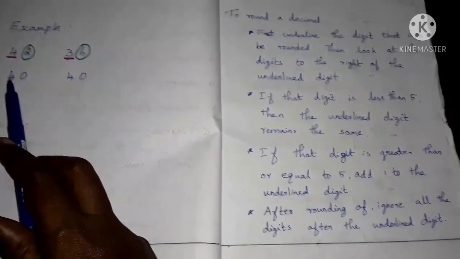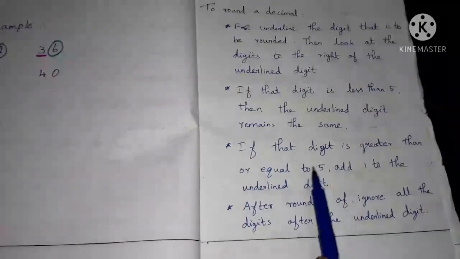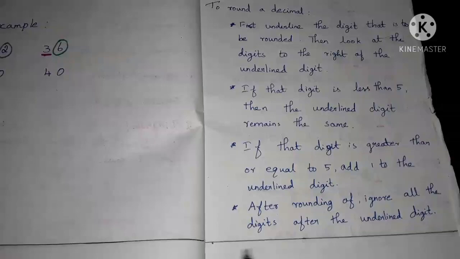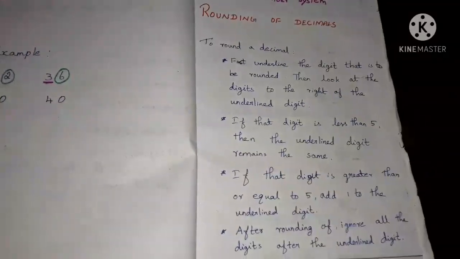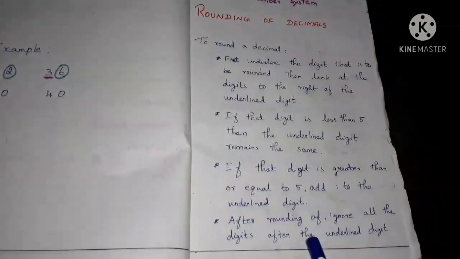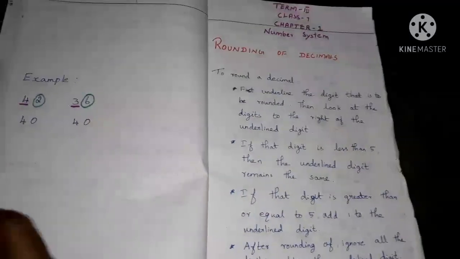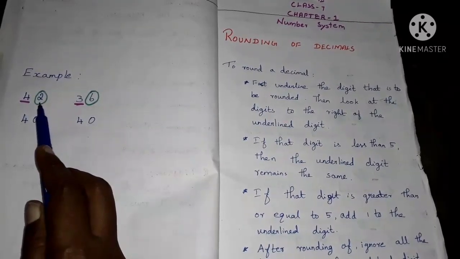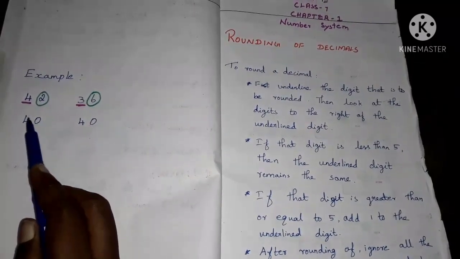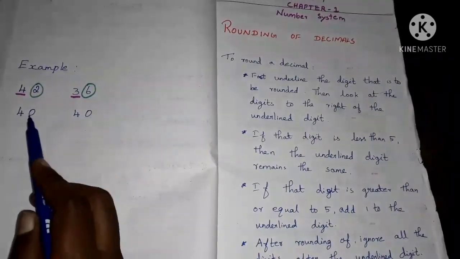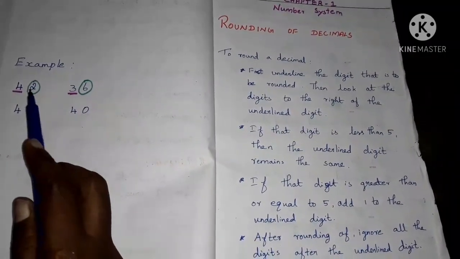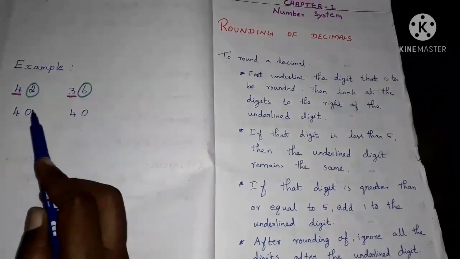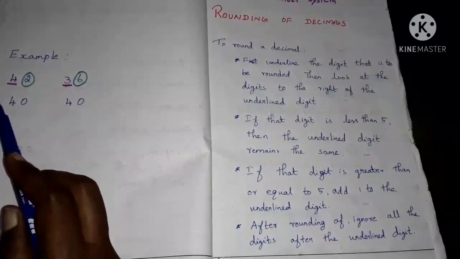After rounding off, ignore all the digits after the underlined digit. So after underlining, whatever digits are there, we have to ignore them and put 0 for that.